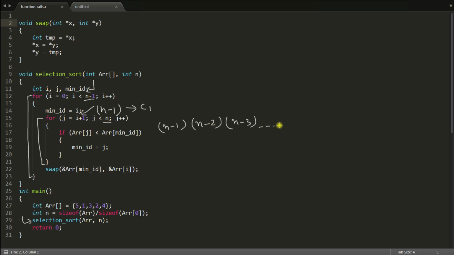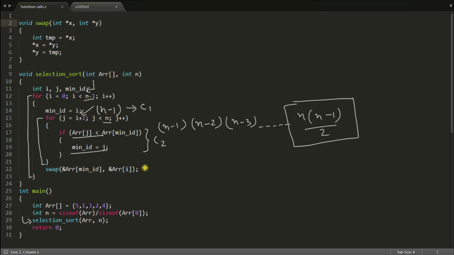So if you will notice this, this is nothing but n into n minus 1 divided by 2. So this expression, this if condition, is going to get executed roughly these many times. Okay, and the time which will take to execute this much, let's suppose that is c2. And then lastly, this swap function, this is going to get executed how many times? n minus 1 time.